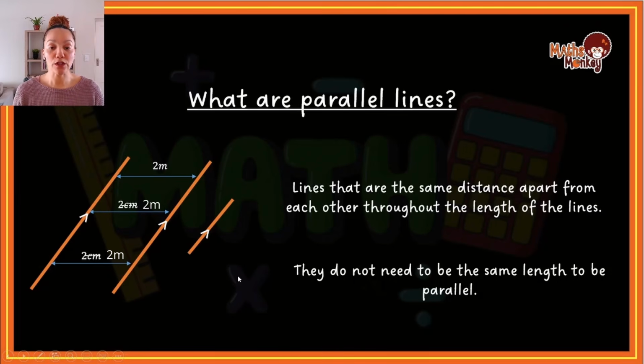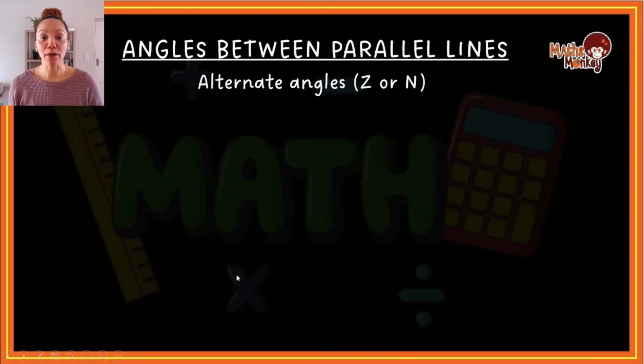So whenever you see those arrows, you'll know that the lines that have the arrow, so all three of these are marked with the same arrow. Therefore, all three of these lines are the same distance apart from each other. Okay, all right, so now that we understand what parallel lines are, now we can actually move into learning about the angles between parallel lines.